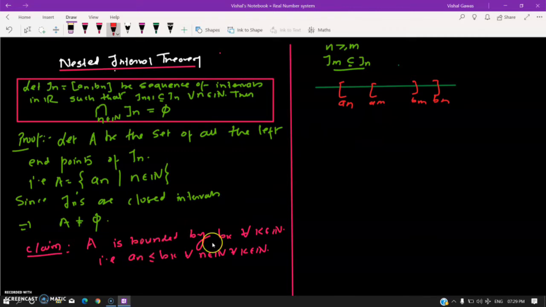This is what I have to show, and it is true for any n in N, any k in N.